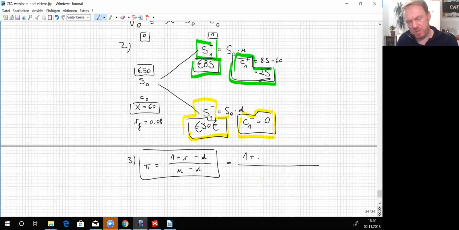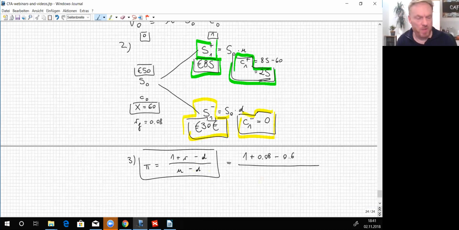1 plus 0.08 minus the down factor, which is, and that's quite tedious, quite difficult, because I said it's going to decrease by 40%, which gives us a down factor of 0.6.